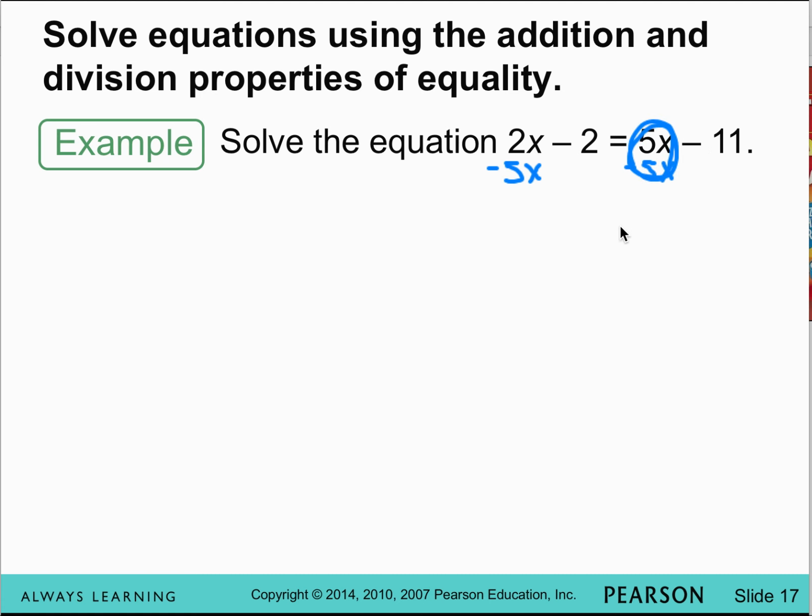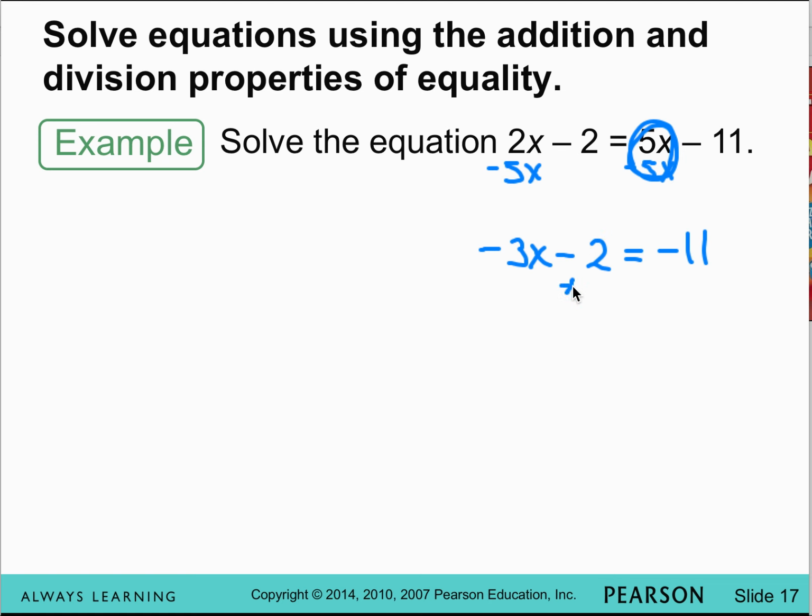So if I subtract 5x from 5x, there's a 0 there now. 2x minus 5x is negative 3x minus 2 equals 0 minus 11. Once you get all your variables on the same side, undo anything being added or subtracted.